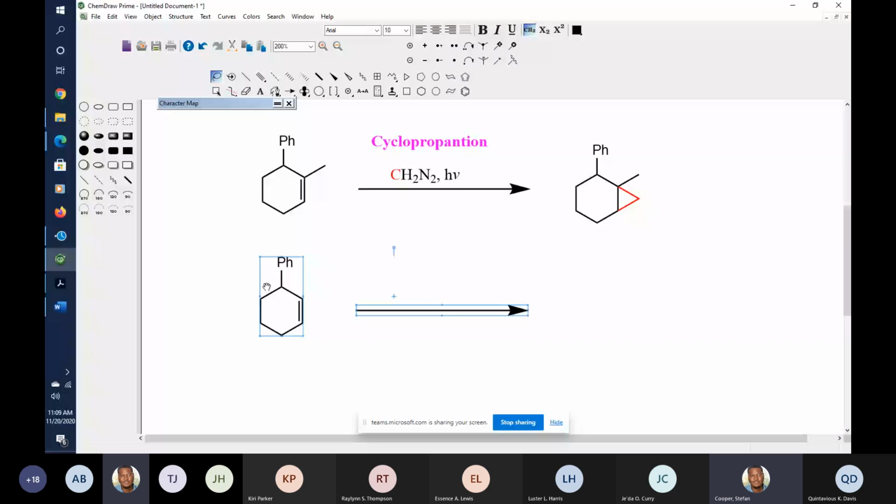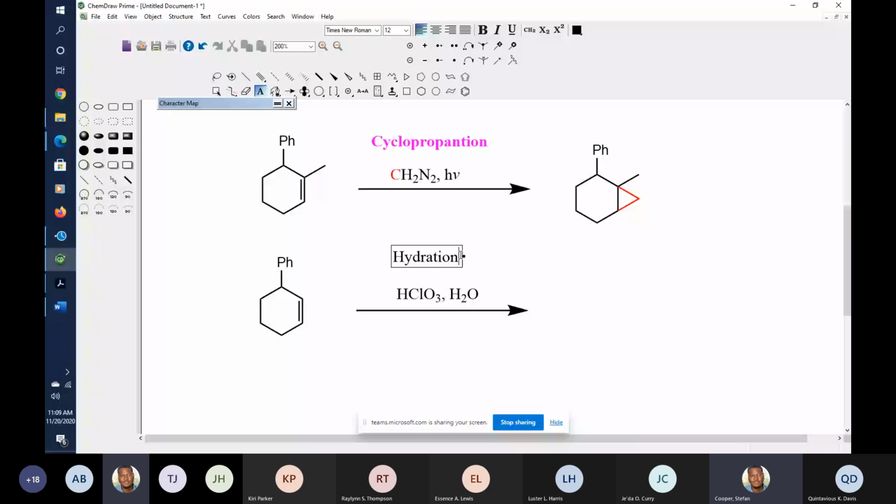H3O+ and water. What's going on here? Did anybody find anything out about this reagent? This is a hydration reaction.